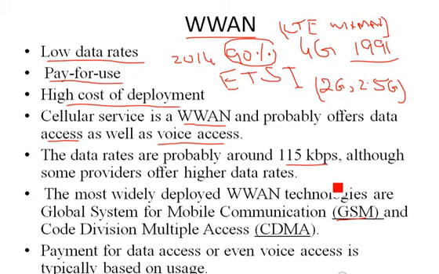CDMA, code division multiple access, implies spread spectrum. We have two standards of CDMA, CDMA One and CDMA 2000. CDMA 2000 is also called 3G.